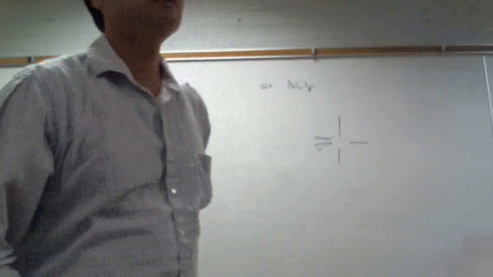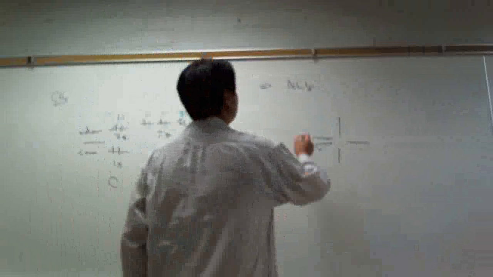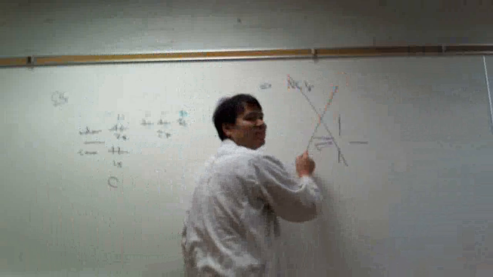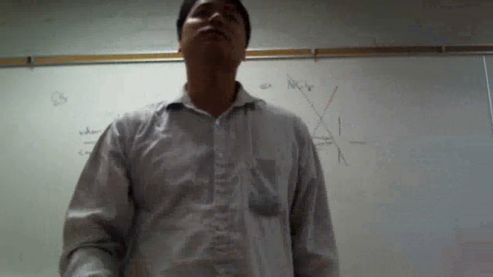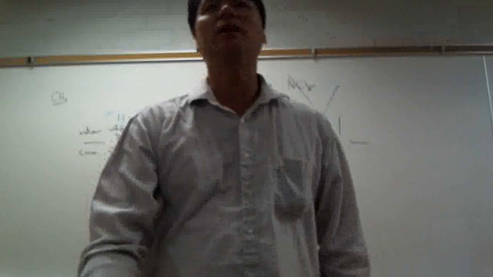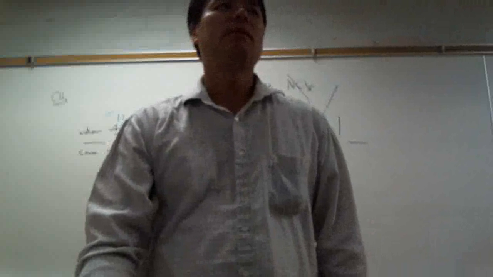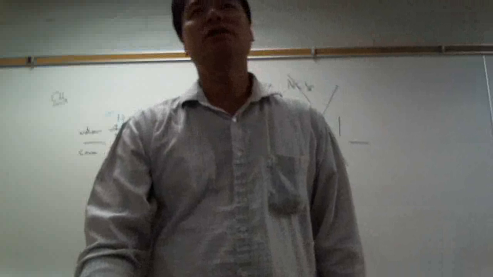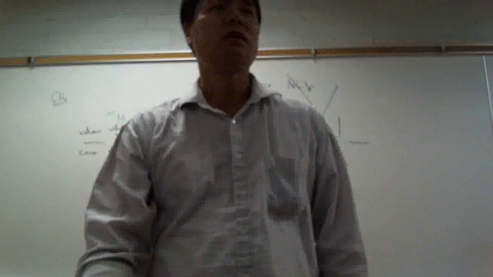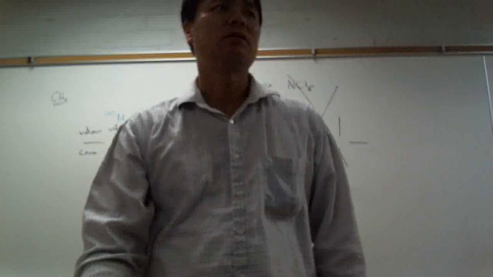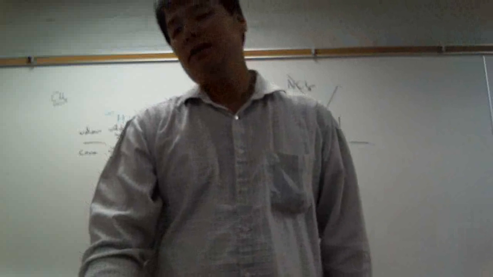It doesn't go to 3s, and it doesn't go to 3p, and NCl5 doesn't exist. Even though you could draw the Lewis structure for it, it doesn't happen because it violates the rules. Well, it costs too much energy to jump it up to those orbitals versus a 3d orbital. That's a good one. Yeah, unfortunately.